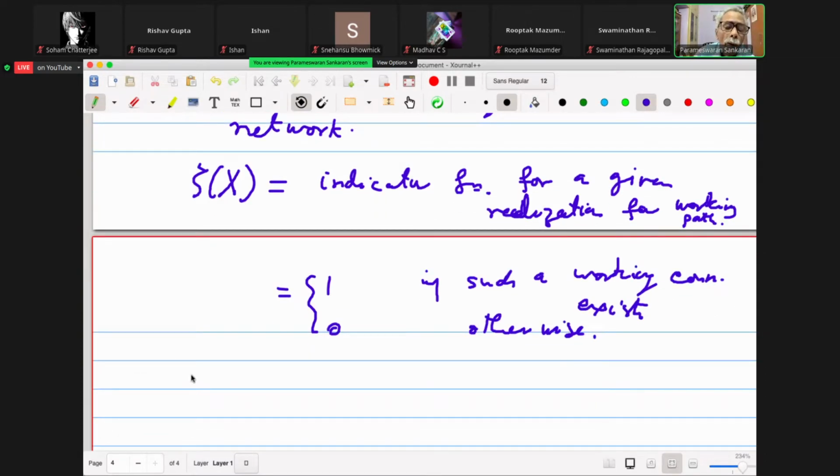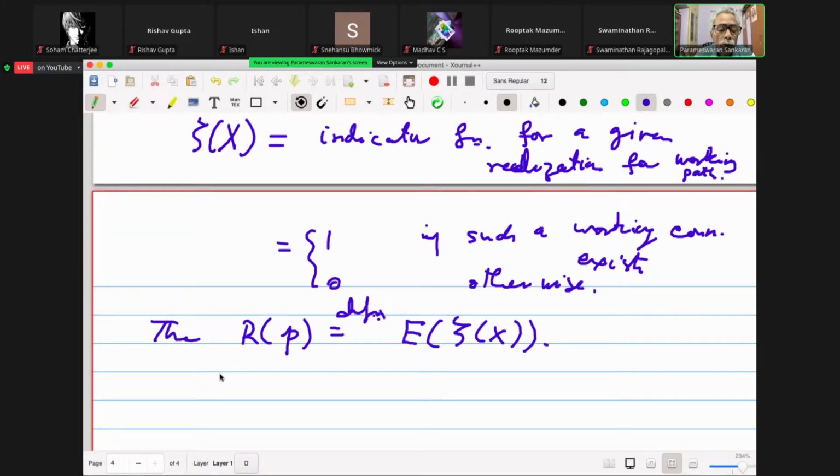Then the reliability of P is nothing but, you can take it as a definition, the expectation of xi of x. And how to describe xi of x, first of all, as a random variable in terms of various x's?